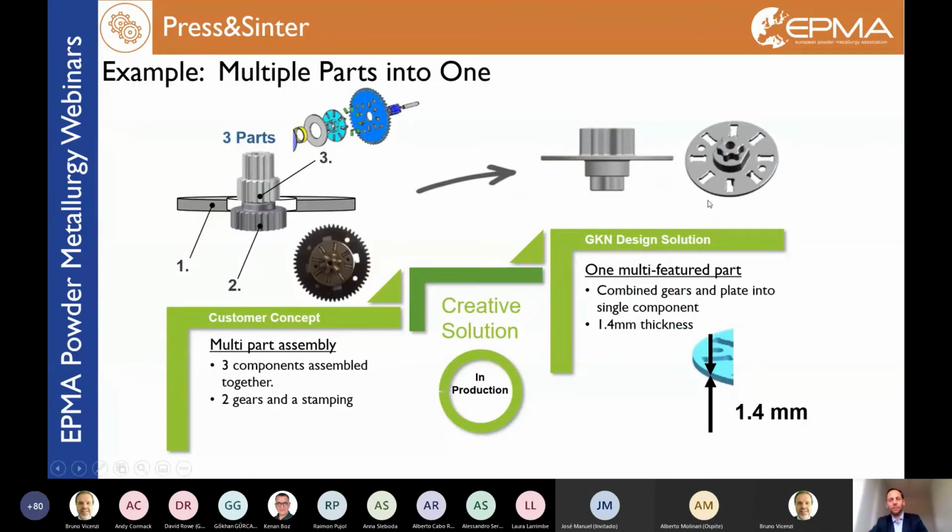This is one of the most beautiful examples, in my opinion, where our conventional technology can give the customers added value.